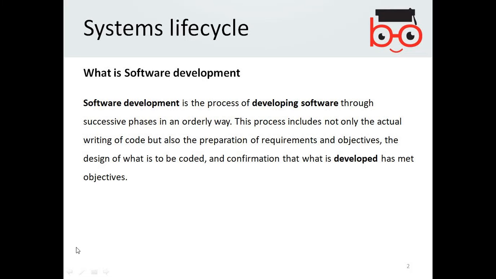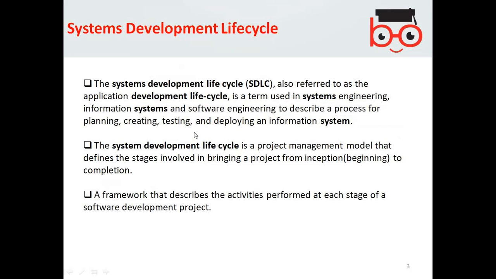So the development process goes through some steps, carried out in a sequential way, in order to make sure that the requirements are fulfilled, and whatever you are going to deliver, the objectives are fulfilled.